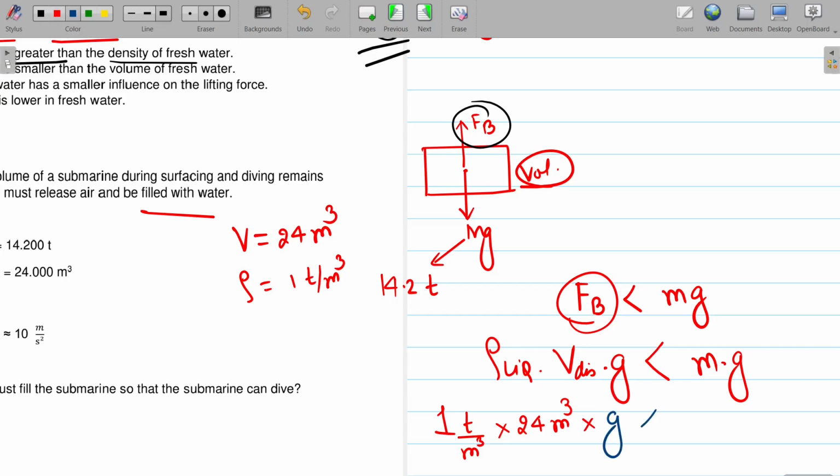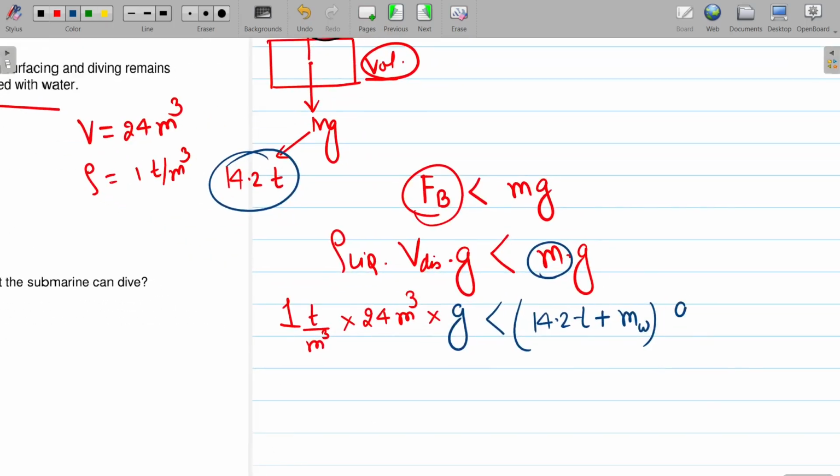It should be less than mass. What should be the mass? It means the mass of the submarine, that is 14.2 tons, plus the mass of some water. We don't know how much mass of water should be taken, so that it gives you this result. g and g can be cancelled out, meter cube can be cancelled out. So we are getting 24 should be less than 14.2 plus mw, that is the mass of water. All masses are in tons.